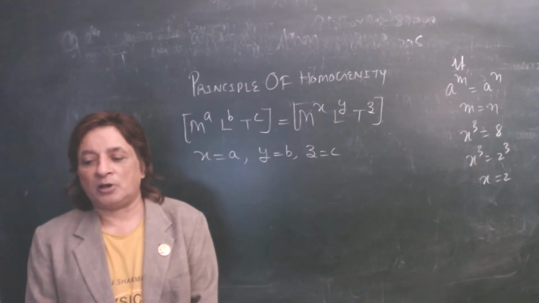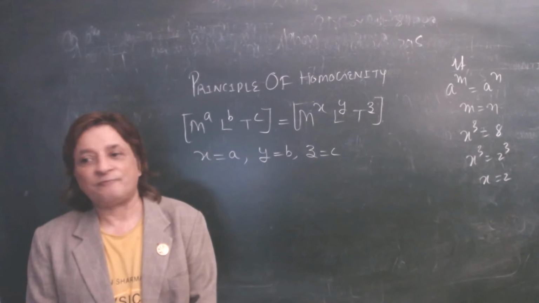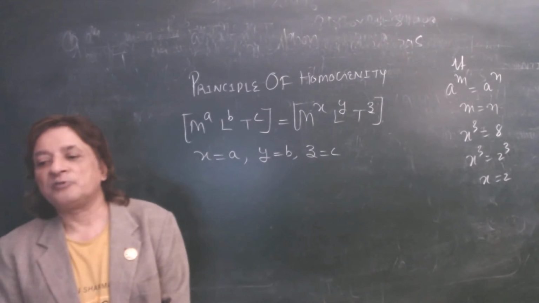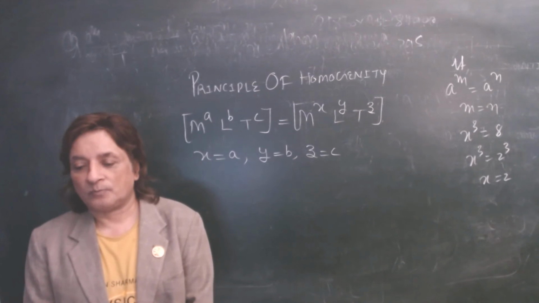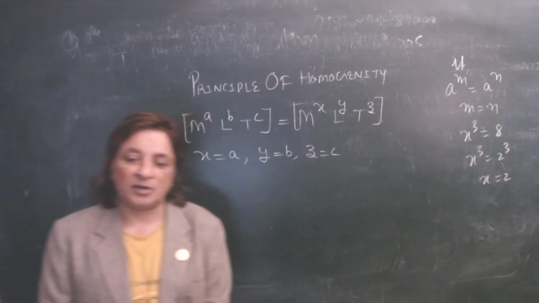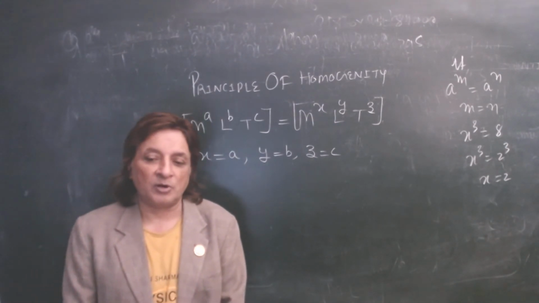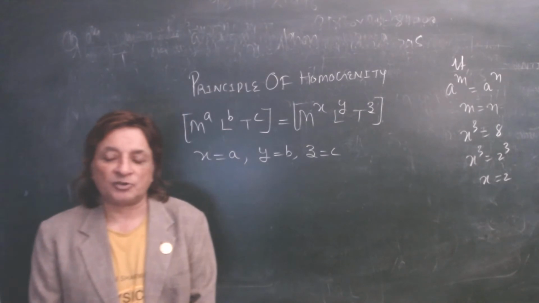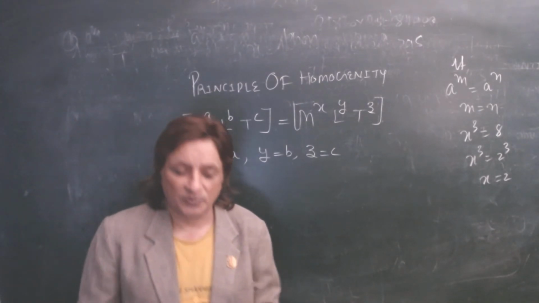If you put the definition, you will have to write: the principle of homogeneity states that the dimensions of mass, length and time of the left hand side must be equal to the respective dimensions of mass, length and time of the right hand side.